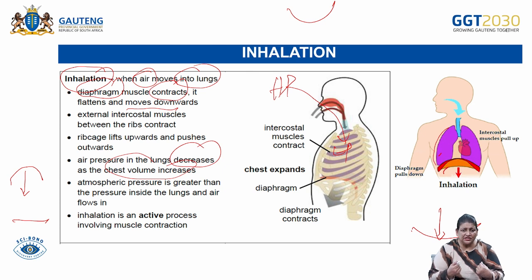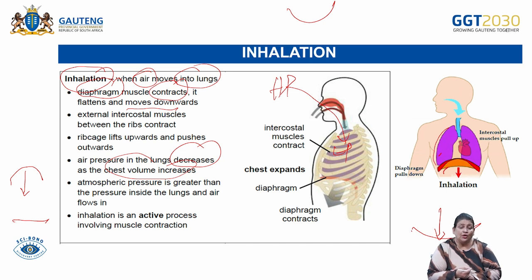When the intercostal muscles contract, the rib cage will move up and out, and it increases the size of the volume of the thoracic cavity. When the size increases or the volume increases, there's going to be less pressure around the lungs. So the volume increases, the size increases, and there's less pressure. And then the pressure outside is going to be high, and then that causes air to move into your lungs. That's how you can breathe better.